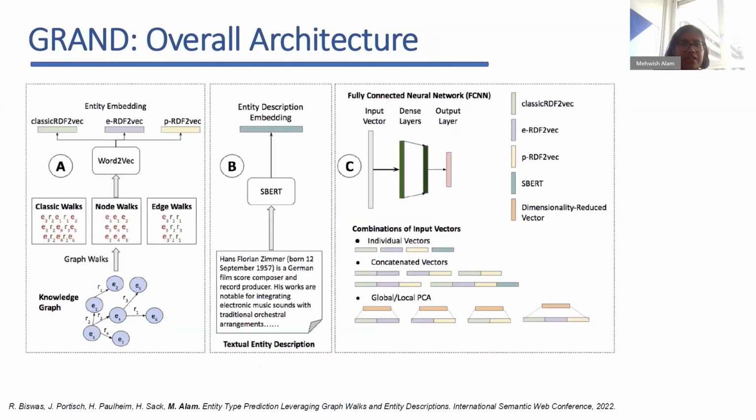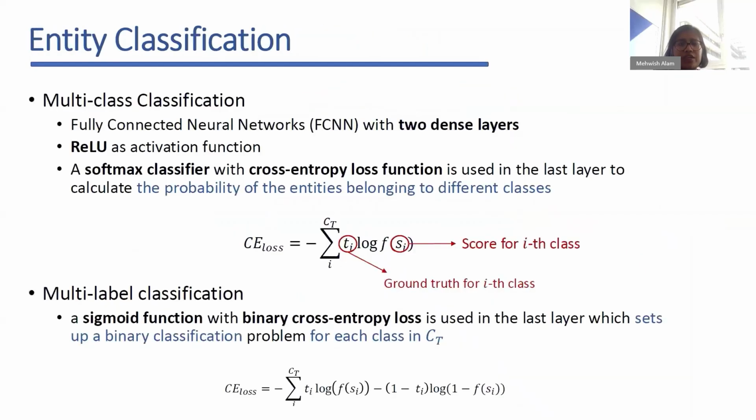And then we have a similar thing for the entity description. We didn't change that part. And then we tried to see what happens for entity typing here. So we treated that as a classification approach. I will just skip that slide for now.